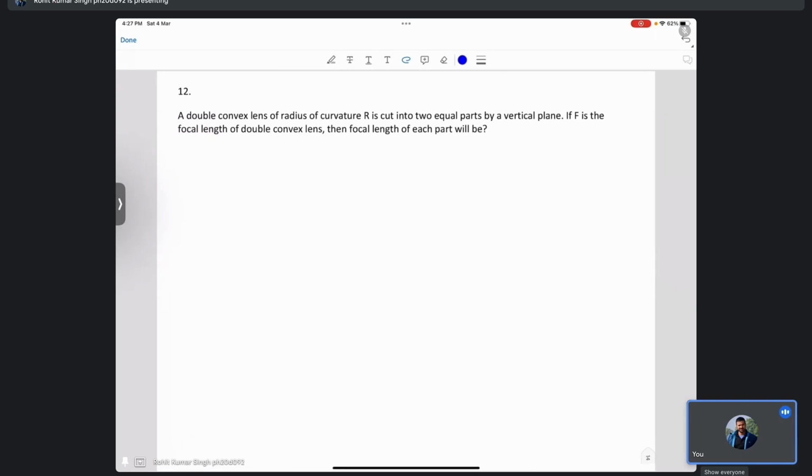The question is: a double convex lens of radius of curvature r is cut into two equal parts by a vertical plane. A double convex lens looks something like this, and we have cut it like this. So we have now two different lenses.